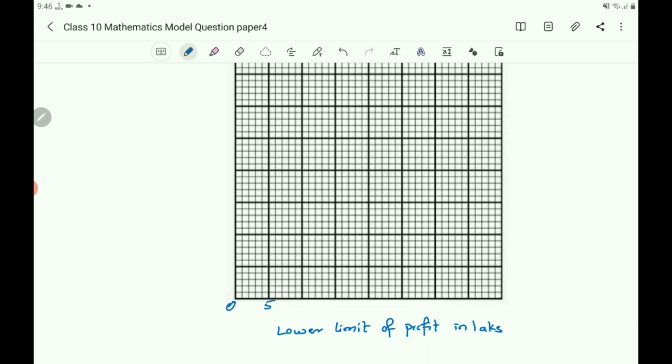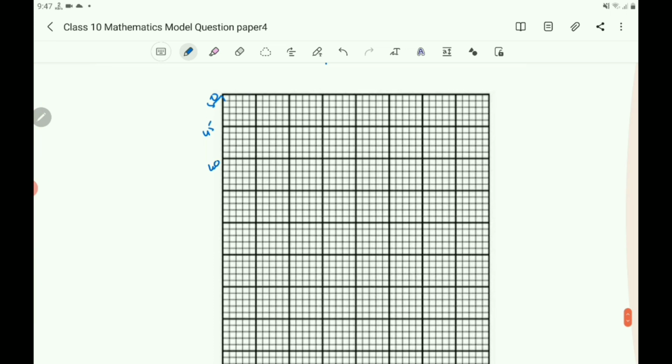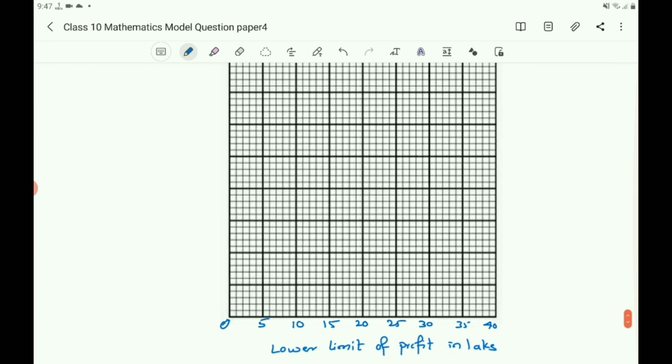So you take 5, 10, 15, 20, 25, 30, 35, 40, and next you take the cumulative frequency on the vertical axis, that is on the y-axis.